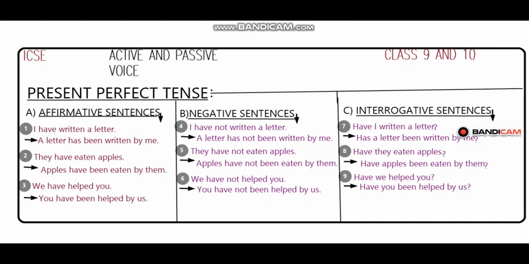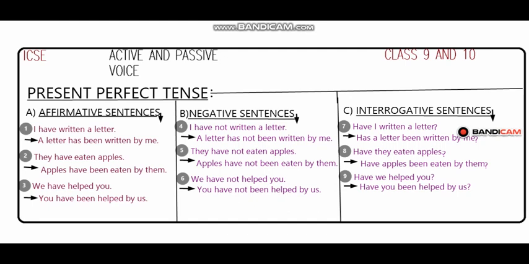So how are we changing the active sentence of perfect tense into the passive voice? Let's see example number 1, that is, I have written a letter. I have taken similar sentences so that they are easy for you to remember all the things.